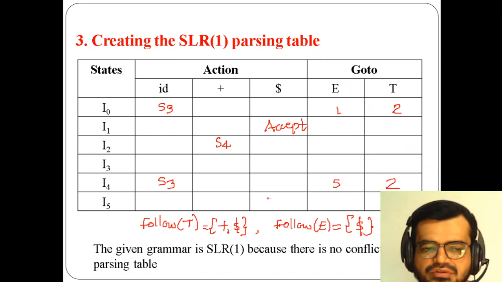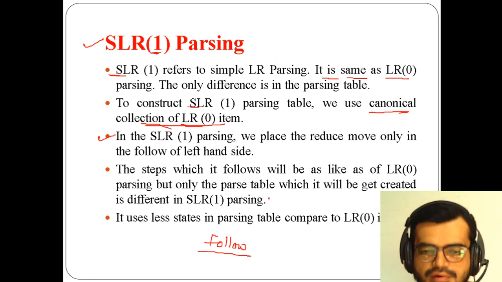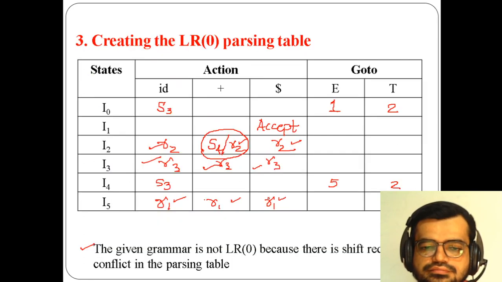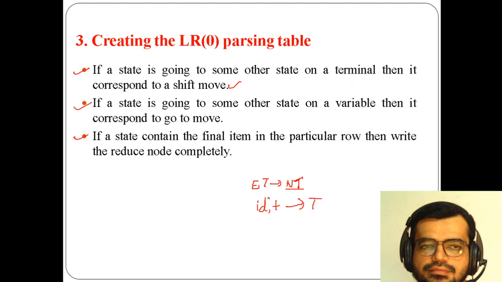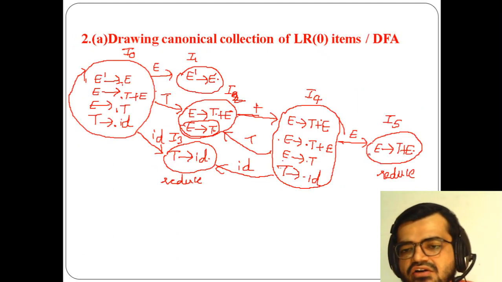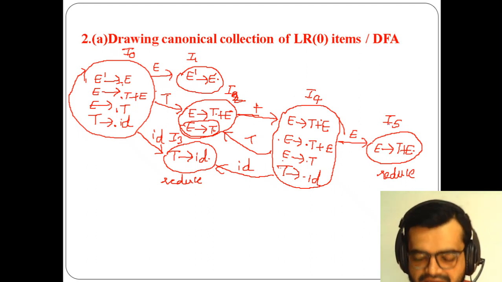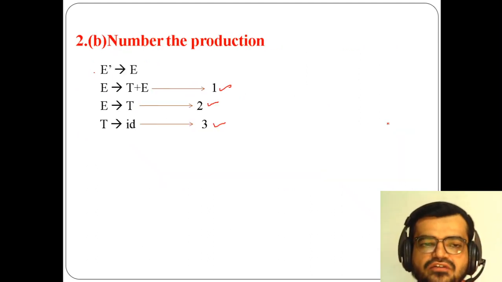Why? Because you can observe here, E → E + T dot is in I5. Remember I5, and E → E + T dot is the first production.